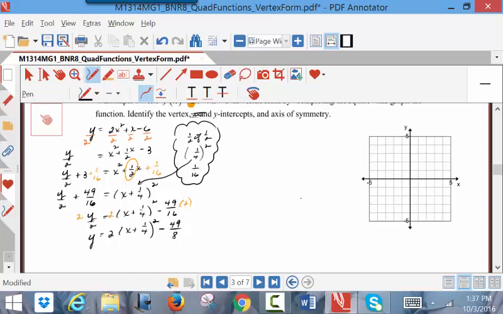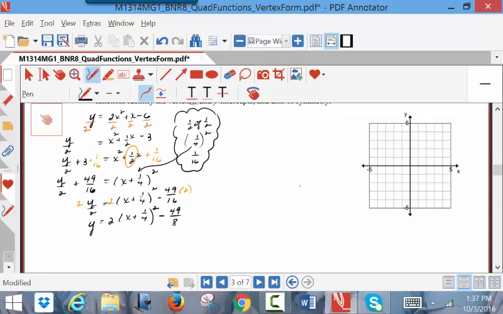Step by step, okay? One step at a time. No one jumps from the top to the bottom. You go through the process to get to that result. So the vertex is -1/4, -49/8.